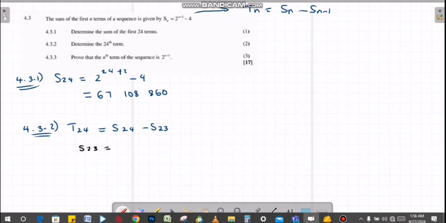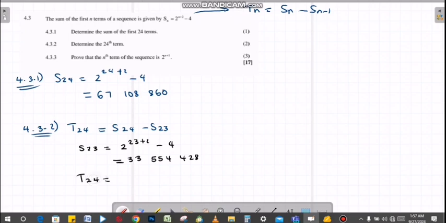Sum of 23 will be equal to 2 to the power of 23 plus 2 minus 4, which is 33,554,428. So now our T24 will be equal to the difference between those two values.